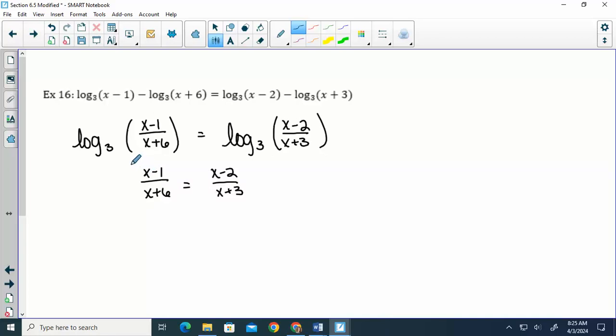And now what do we do? So if I multiply those, we FOIL, we get x squared plus 2x minus 3. This gives us x squared plus 4x minus 12.